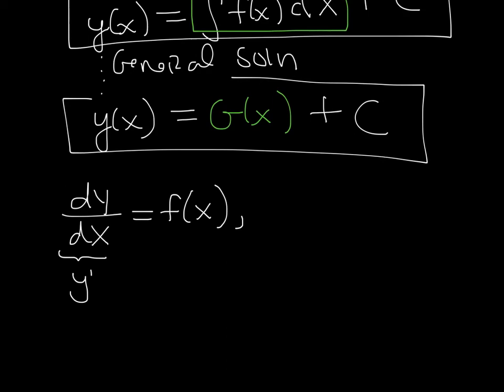So in order to find a particular solution, we need an initial condition. Our solution has to satisfy an initial condition. So our initial condition in this case is going to be y of some input equals an output. So we're going to say x naught and y naught, where x naught represents your initial start, and y naught initial start. You can think of the origin on the Cartesian plane.